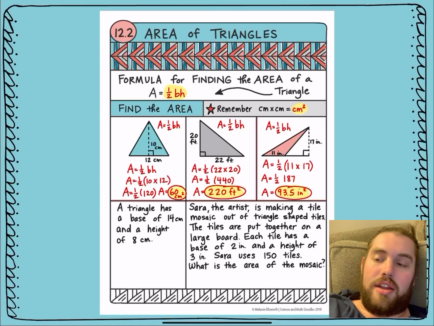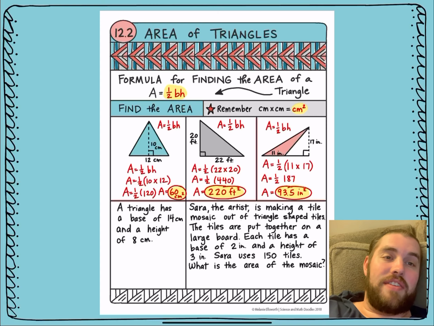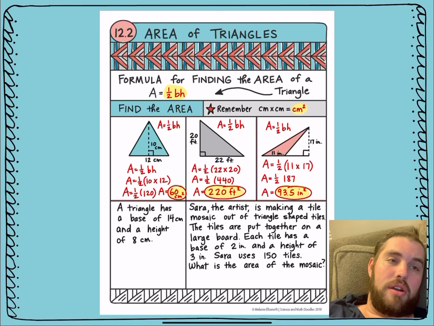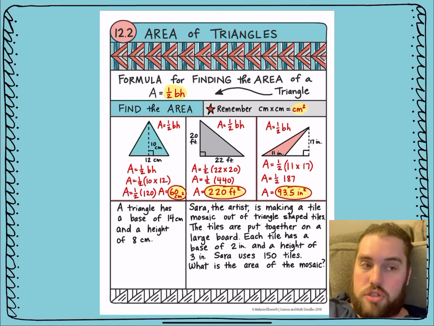So when I divide by 2, you should get 56 centimeters squared. That's going to pop up in a minute, but hopefully you're doing it with me and trying to figure out that you take the base times height, 14 times 8, you get 112, and then you divide by 2 and you get 56. It's 56 centimeters squared because it's a two-dimensional shape.